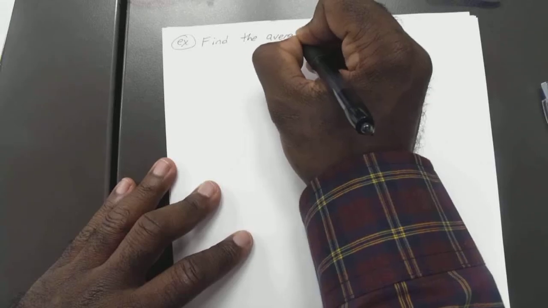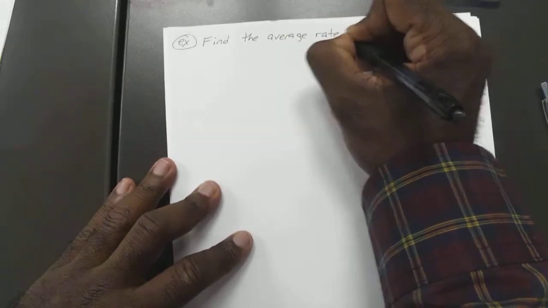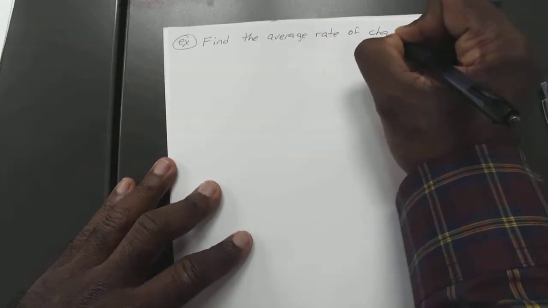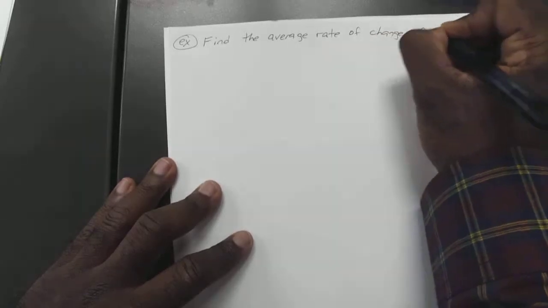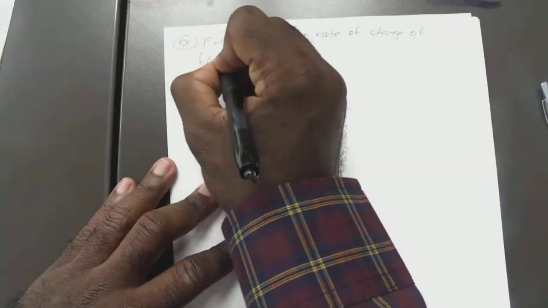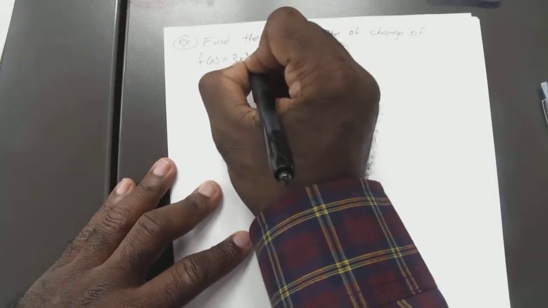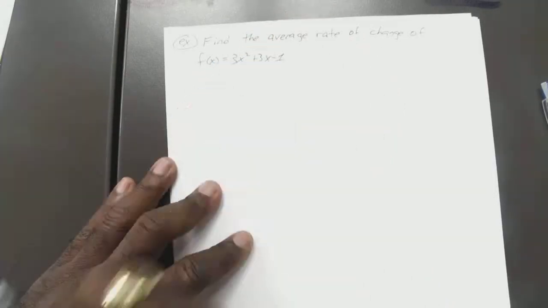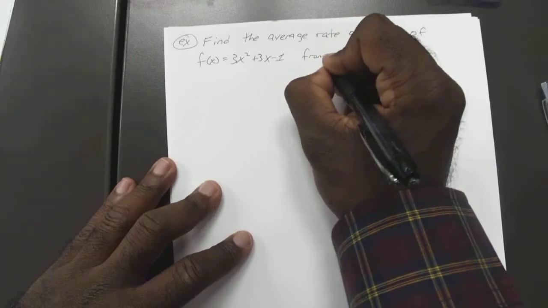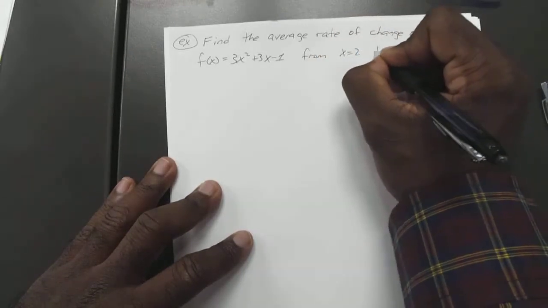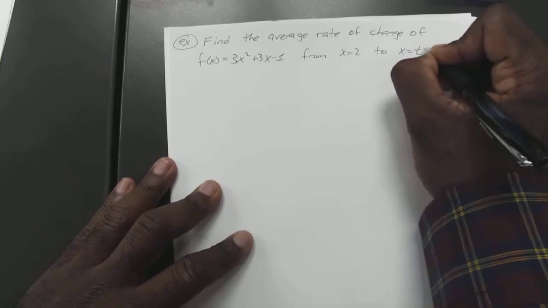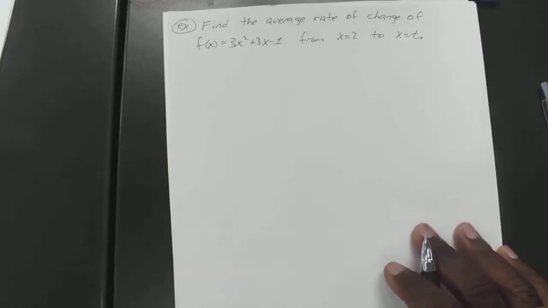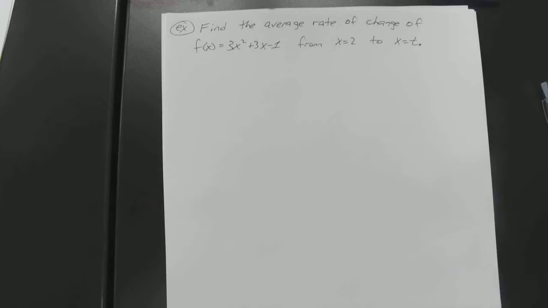So let's say you want to find the average rate of change of f of x equals 3x squared plus 3x minus 1 from x equals 2 to x equals t. Okay. That was just a little bit different because it just goes from 2 to some unknown value of t.